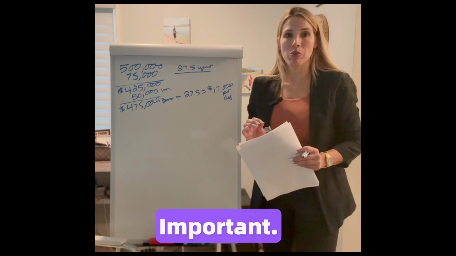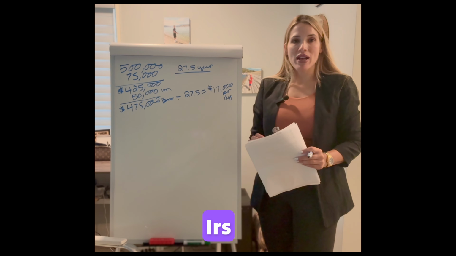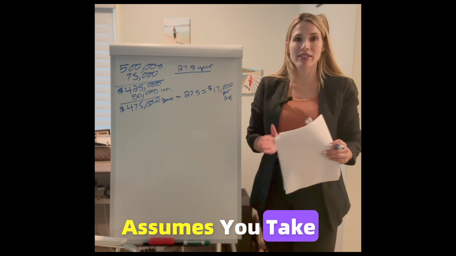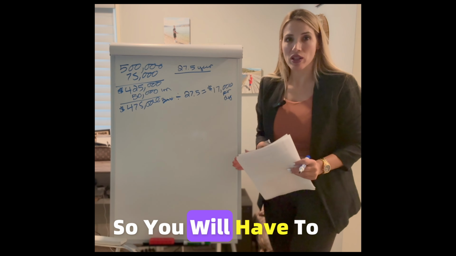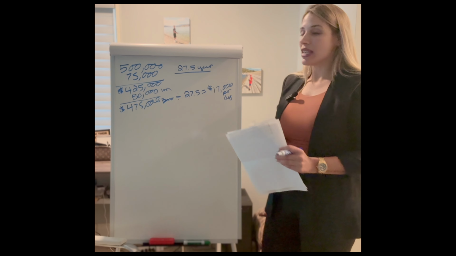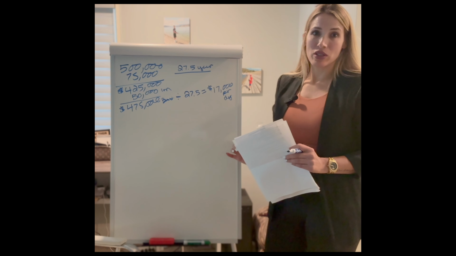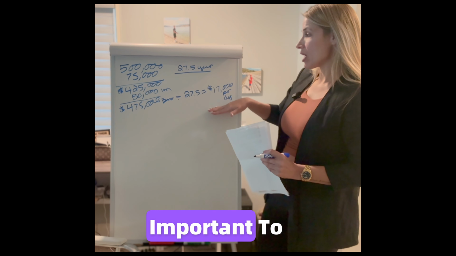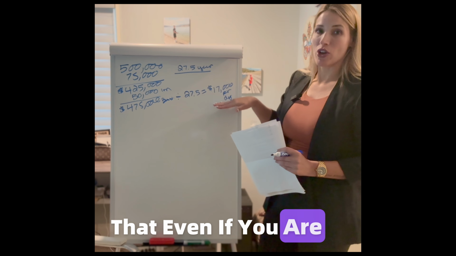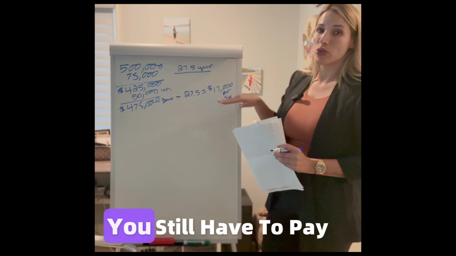This is really important. The IRS assumes you take depreciation, so you will have to repay it back even if you didn't take it. It's called allowed. And it's really important to understand that even if you are not taking this every year, you still have to pay it back.